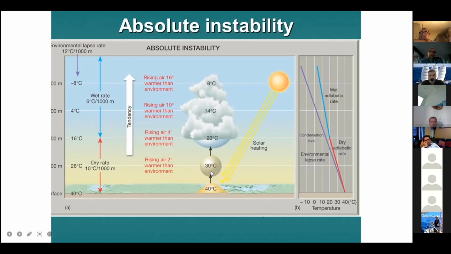If the temperature of the air is diminishing on that day faster than the air bubble you have here, the air bubble will have the tendency to always be warmer than the air surrounding it, which means that this air bubble will tend to go higher and higher because it's always warmer, it's always lighter. So we would say that the atmosphere is unstable. This is also an important concept to understand cloud formation, for example, which we will be talking about later.